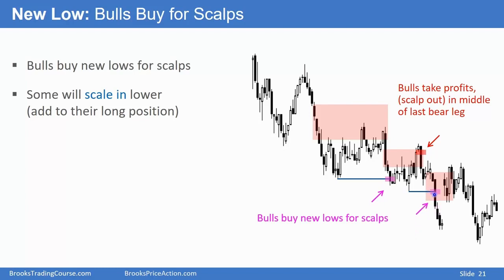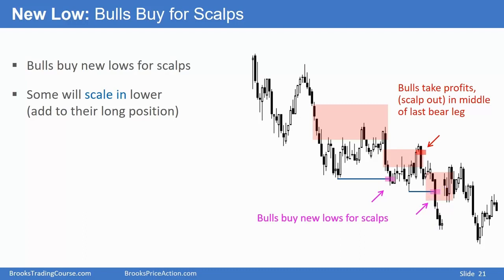A bull buying at this low sees the market continuing down. However, he's confident that because we're in a stairs pattern, we're going to get back above this breakout point. So some of the bulls who buy here will buy more down here. Their second purchase is at least the size of a typical scalp. Because if it does continue down like this, a lot of them will try to get out around their first entry, break even on their first, and with a scalp on their second.